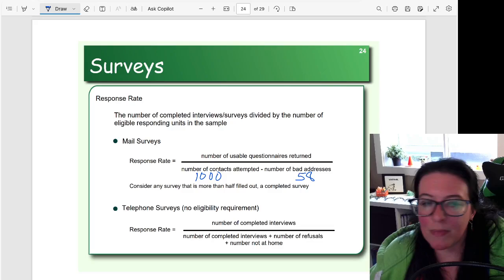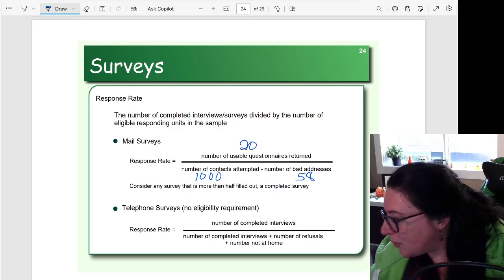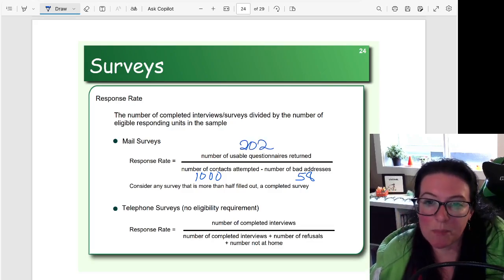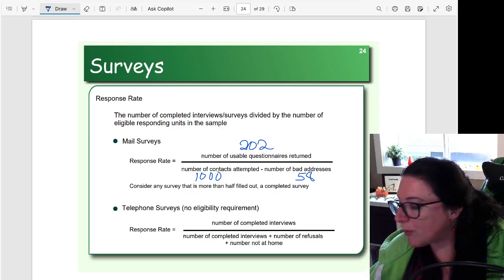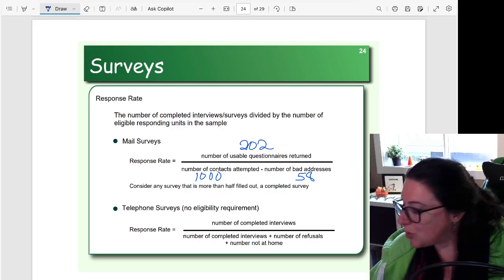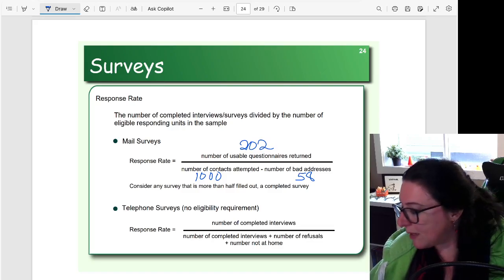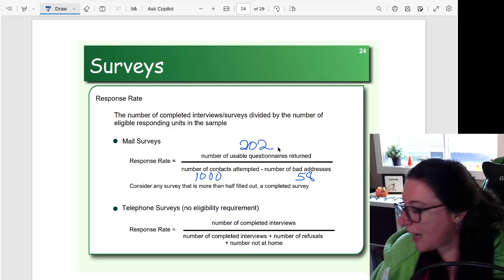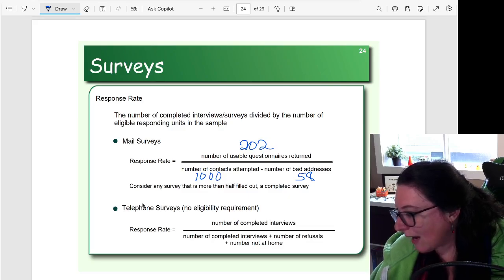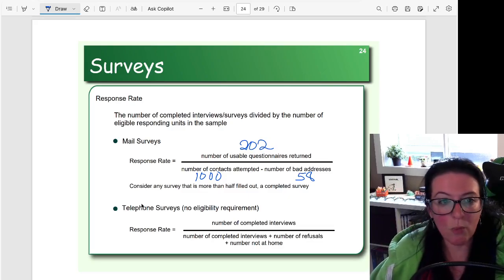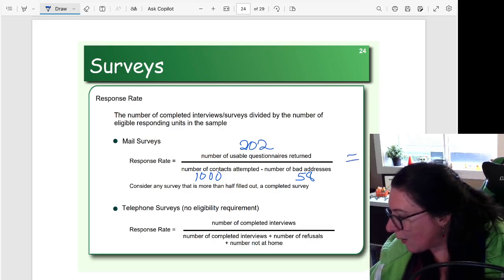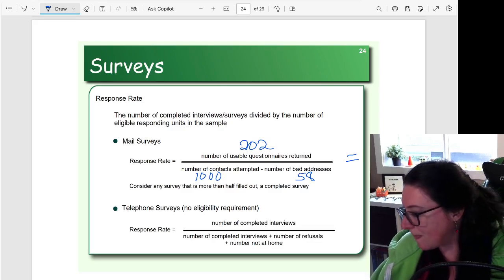And let's say from that, we got 202 at least partially completed questionnaires. So our response rate is 202 divided by 1,000 minus 58, and we're doing that calculation there. We end up with a response rate of about 21%.